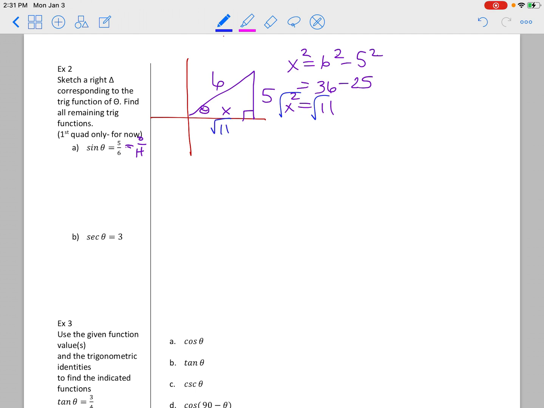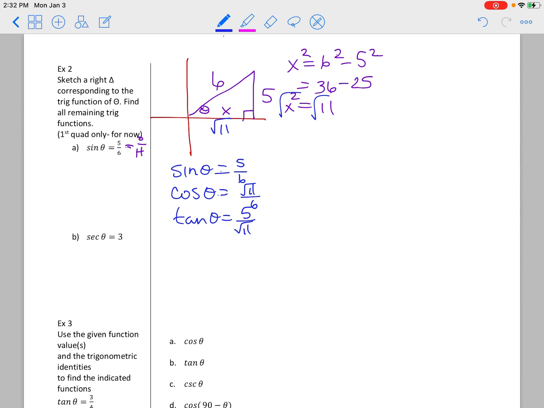And now we're going to write all the remaining trig ratios. Well, I know that the sine of theta is 5 over 6, and you don't have to rewrite the sine, but you can. That means cosine of theta would be adjacent, which is root 11 over 6, and then tangent of theta would be 5 over root 11.